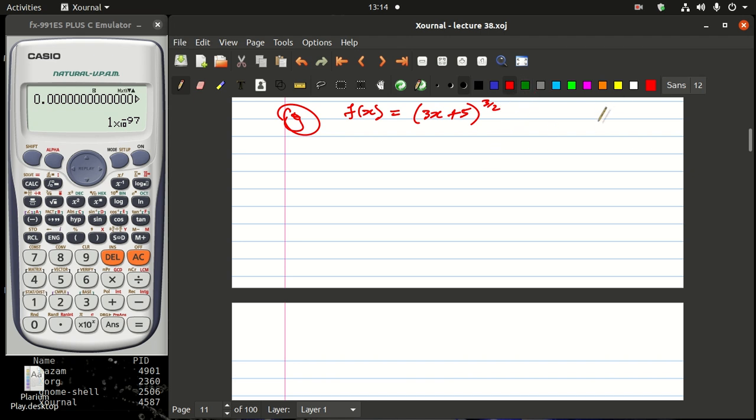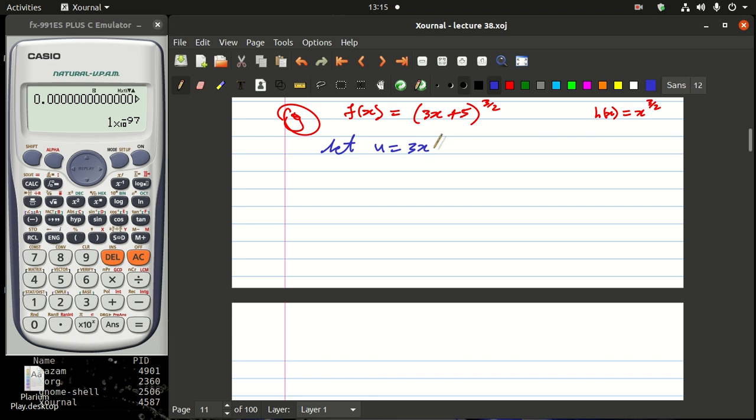Of course, if my function was h of x equal to x raised to 3 over 2, I would be able to find it, but now I have something sitting in the place of this x here. So what do I need to do here? I just need to let u be what is sitting in the place of x, which is that.